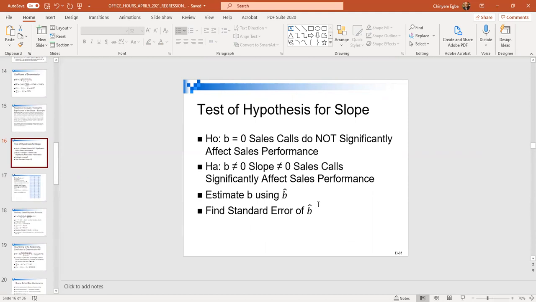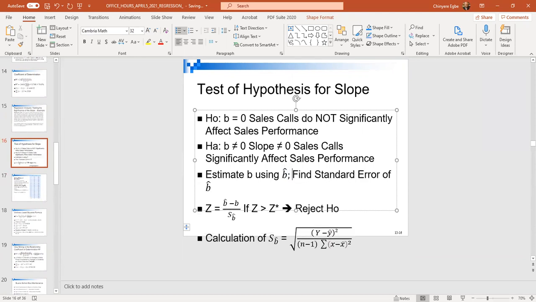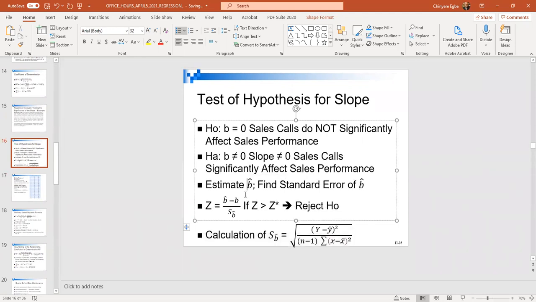The next thing is you calculate Z. You find the standard error of B hat.